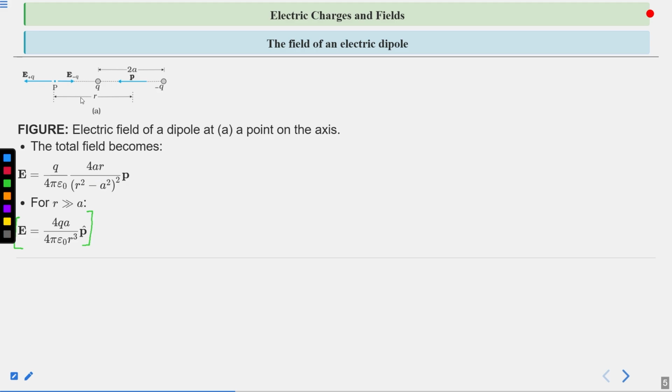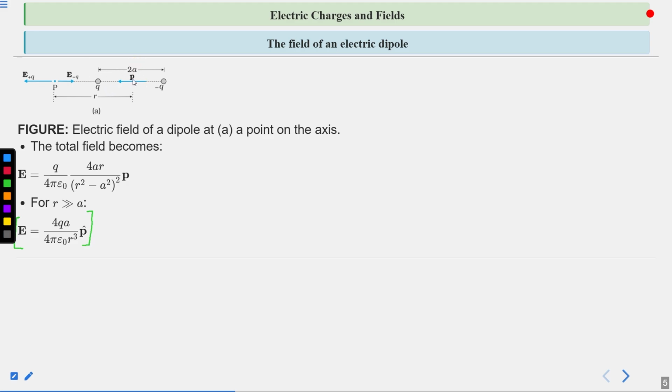Now I repeat it. This R is much greater than a, so the value of a is negligible. So a will be 0. Substitute a equal to 0 and you will get this electric field. Clear?